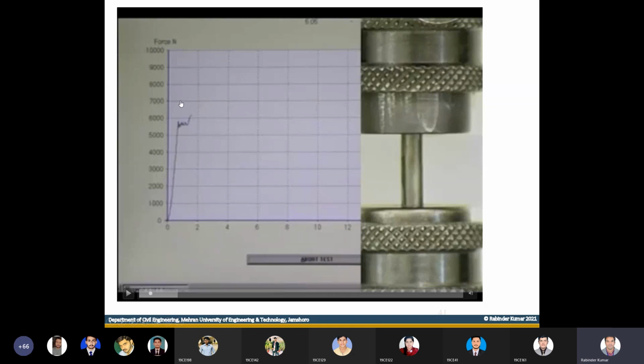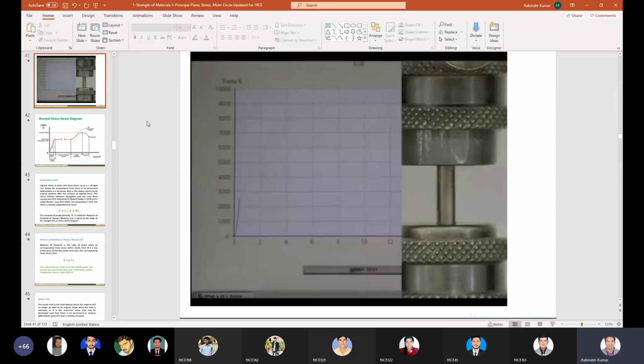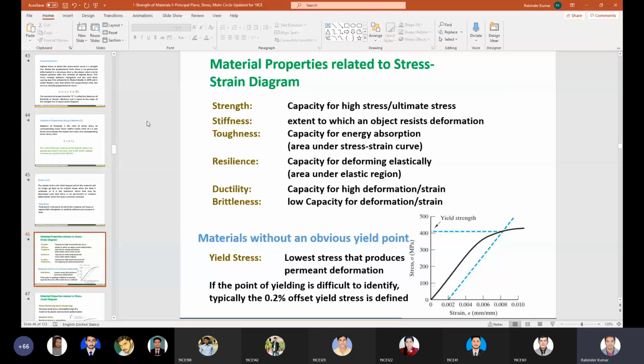But sometimes we deal with certain materials for which the yield point is not obvious, like glass or concrete. In such cases, if you want to find the yield point or yield stress, you need to apply a method, and the method is known as the 0.2% offset method.